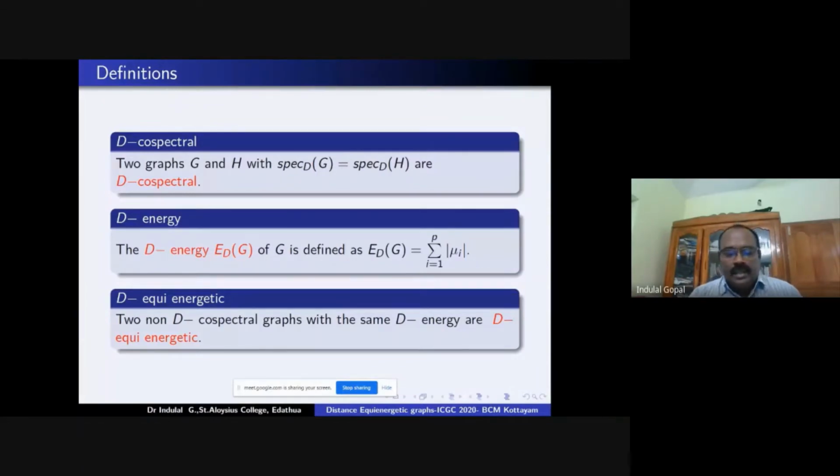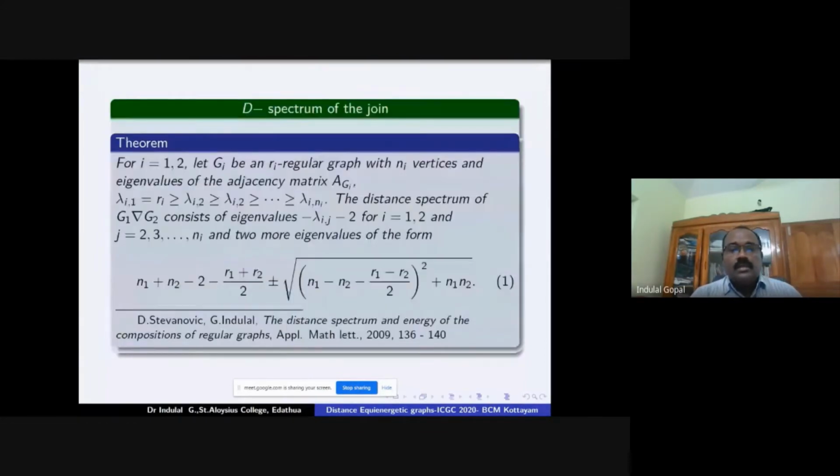And then the next standard graph appears to be the complete bipartite graph K_{m,n}, which in turn is the join of two graphs, one a completely isolated graph on m vertices and the other on n vertices. So to find the distance spectrum and distance energy of the complete bipartite graph, first we prove a theorem on the distance spectrum of the join of two graphs.